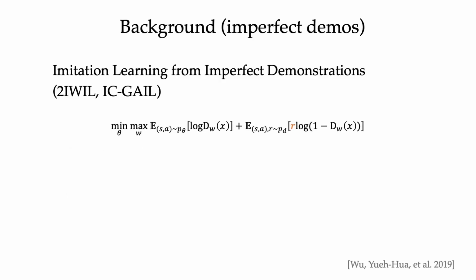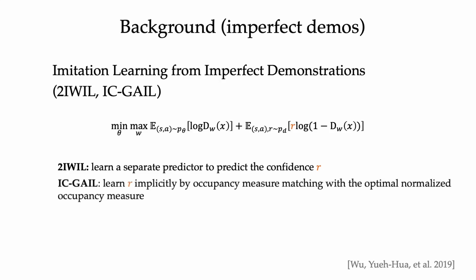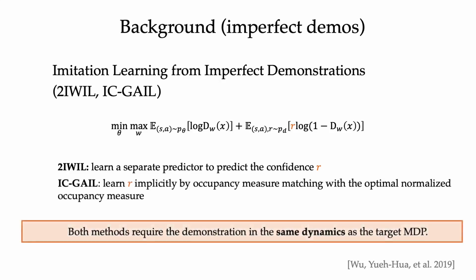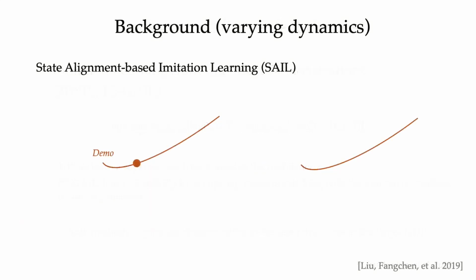To minimize the objective, the paper proposes 2 methods. The first method is IWGAIL, to directly learn a predictor to predict confidence. The second method is modeling the confidence as a variable and learning it with the discriminator and the policy simultaneously. However, both methods require demonstrations to be in the same dynamics as the target MDP.